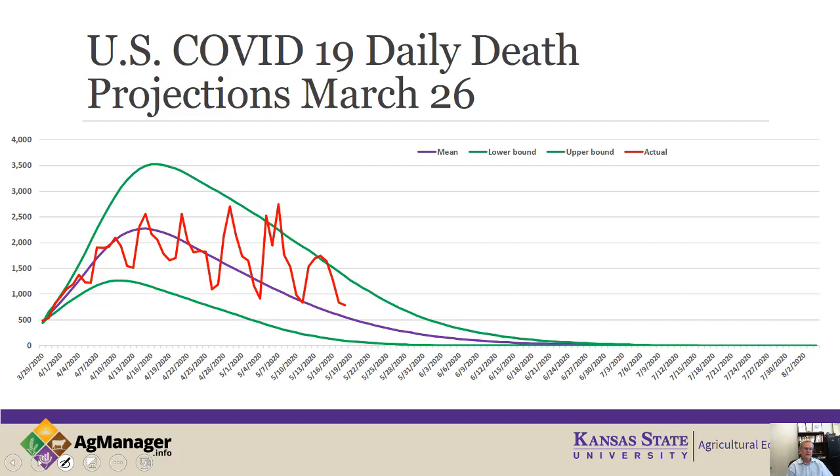Looking at the original March 26 model and looking at the U.S. numbers, you can see that since about the 1st of April or the 7th of April, the number of deaths has been relatively flat. There is maybe some evidence that there's beginning to be a downward trend.